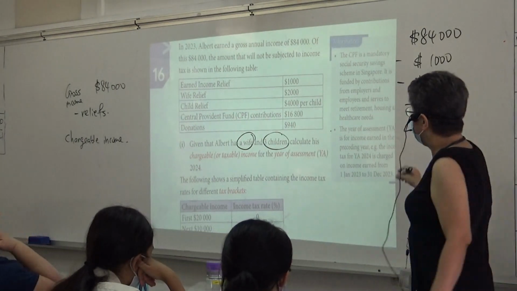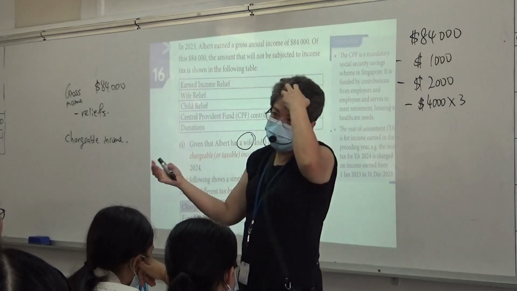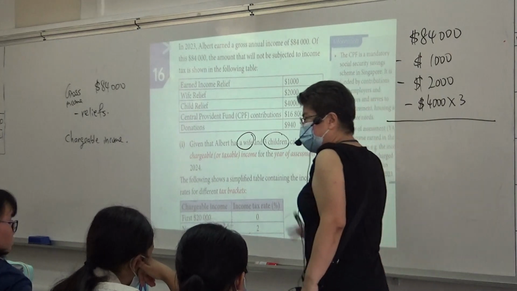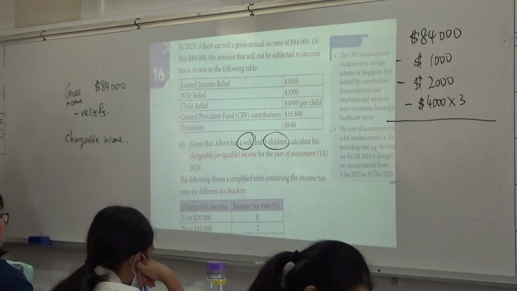Agree or not? Now, sometimes I also have parents relief. Let's say the parents are not working already, you can also deduct. Can you all deduct this for me and tell me what's left? All of you deduct for me and tell me what's left.